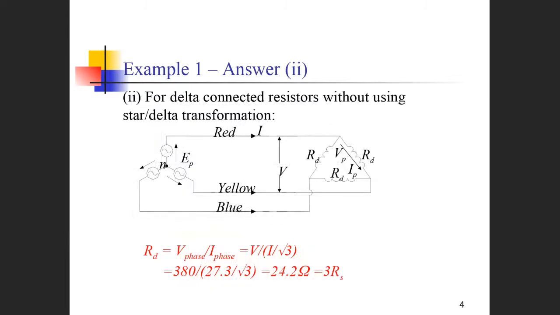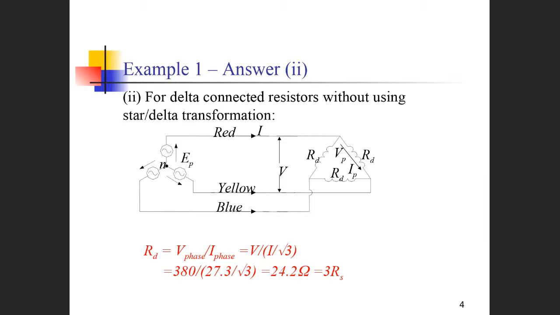Now we look at the delta connection. For a delta connection of the resistors, without using star-delta transformation, the phase voltage equals the line voltage, and the phase current equals the line current over root 3.